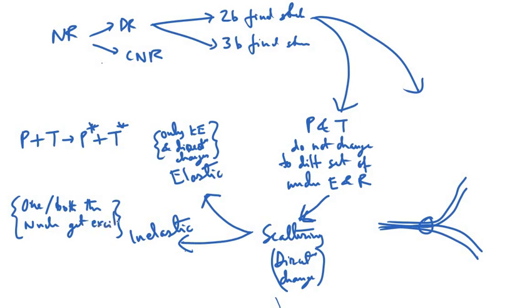Here excitation enters the picture. So from ground state there is an excitation to a higher energy state, and this excitation is due to interaction. Okay, so this is the feature of inelastic scattering.